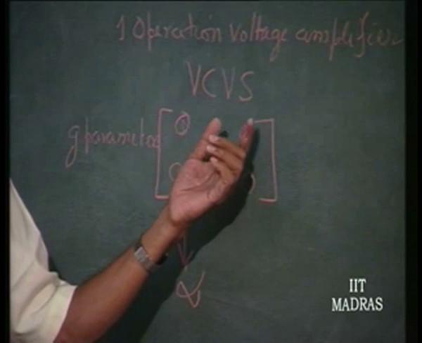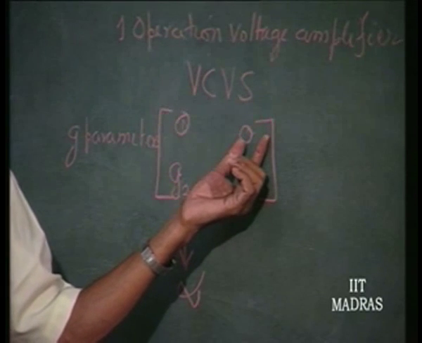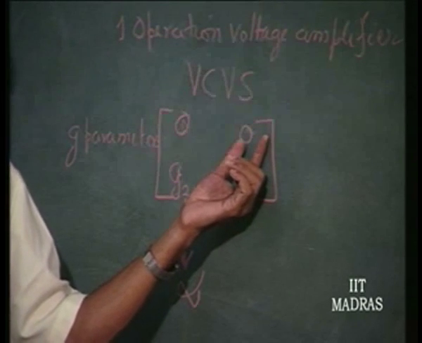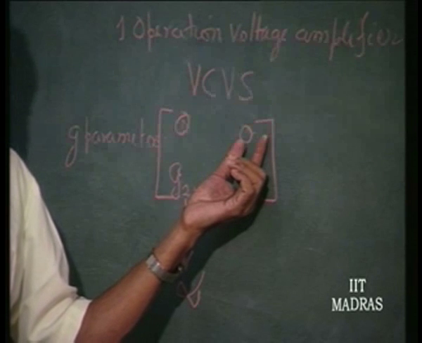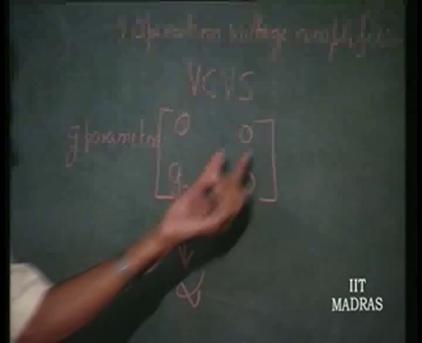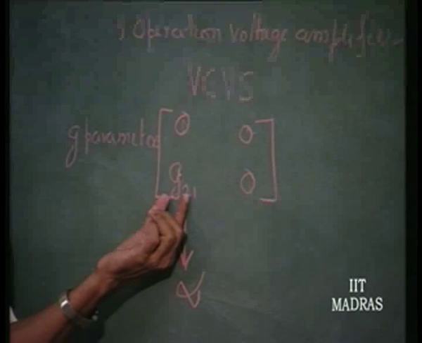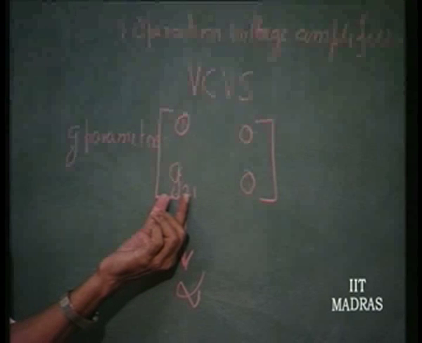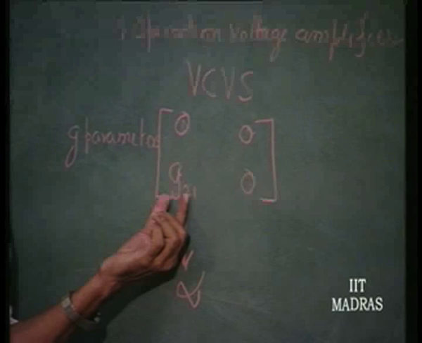So, if it is let us say 10 to the power minus 3, if you use 2 stages, it will be 10 to the power minus 6. If you use 3 stages, it will be 10 to the power minus 9, and so on and so forth. Here one stage has got a gain of let us say 100. So, if you use 2 stages, 10 to the power 4, 3 stages 10 to the power 6.